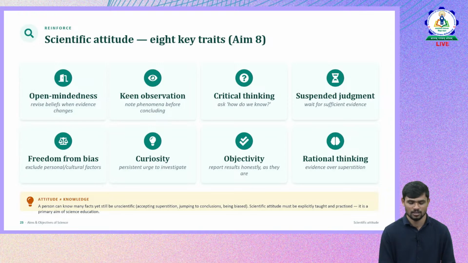Please remember these terms, so that whenever there is a question related to scientific attitude, or the words scientific attitude inside the question, you keep looking for these kinds of terms in the options.